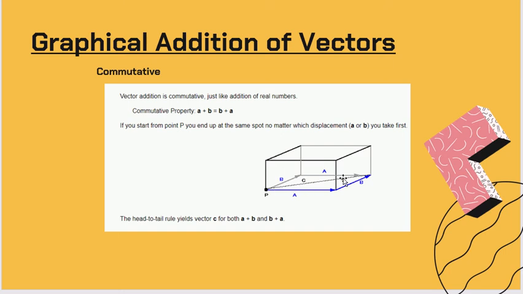So the vector addition is commutative. Ibig sabihin, pwedeng A plus B mag-yield siya sa vector C, or B plus A mag-yield siya sa vector C. That is almost the same.